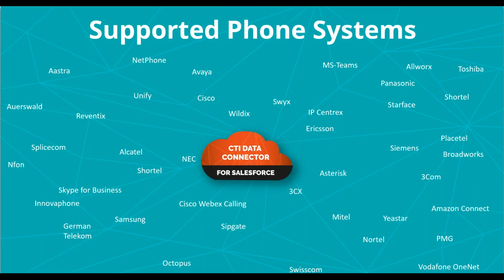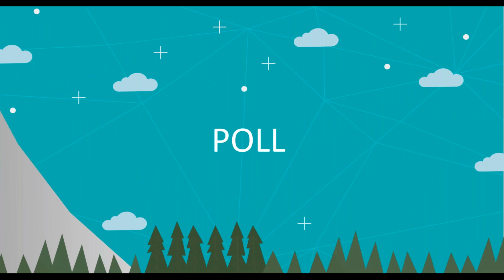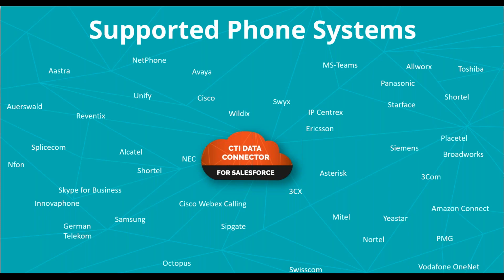This is just an overview of the telephone systems, not all, but you see we really support a wide range of telephone systems, starting from on-premise systems like Unify, Alcatel, Cisco, NEC, Panasonic, up to cloud systems like, in Germany, Enphone, Playstyle, Zipgate, and also systems like Teams, Amazon Connect.